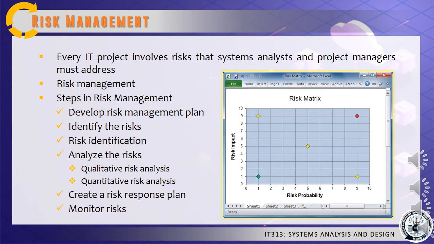Next one is to analyze the risk. This typically is a two-step process, which includes qualitative risk analysis and quantitative risk analysis. Qualitative risk analysis evaluates each risk by estimating the probability that it will occur and the degree of impact.